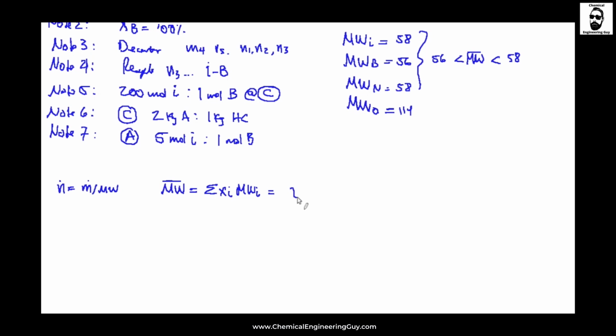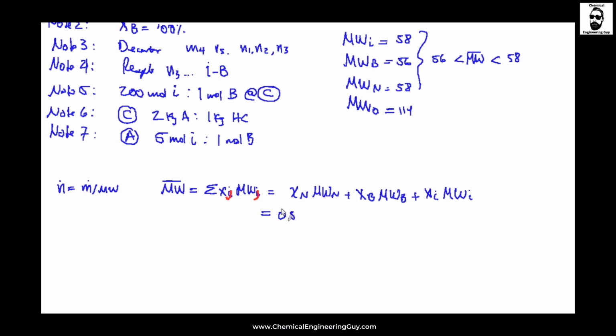It will be x of n-butane times the molecular weight of n-butane, plus x of butylene times the molecular weight of butylene, plus x of I times the molecular weight of I. Let me change this so you don't confuse it: this means for every species, and I here means isobutane.